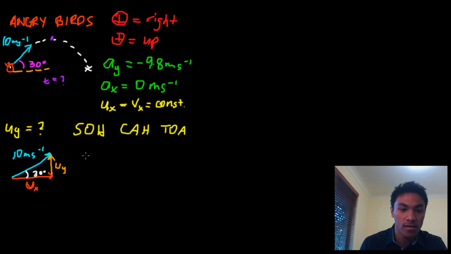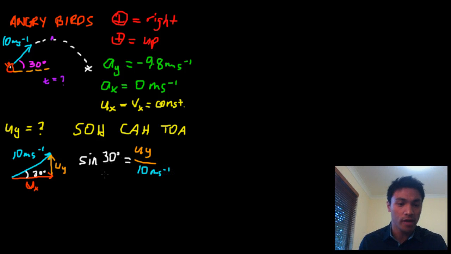we need to say sine of theta. We know sine of 30 degrees is the same as the opposite, being uy, the initial velocity in the y direction, over our resultant, over 10 meters per second.